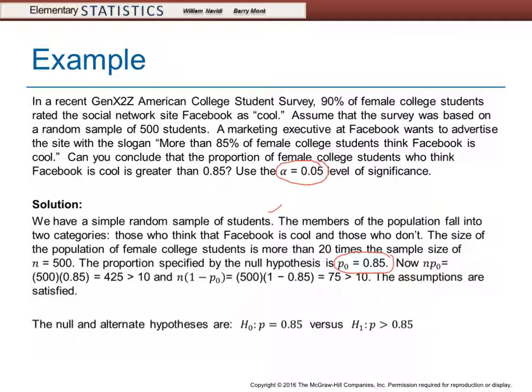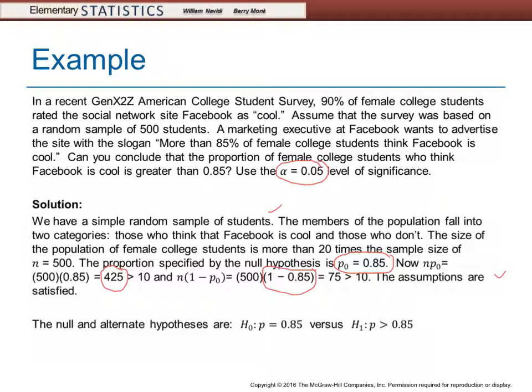When we use this number with n, we see that we get 425, which is greater than 10. And when we do the opposite, the complement, times 500, we get 75, which is greater than 10.